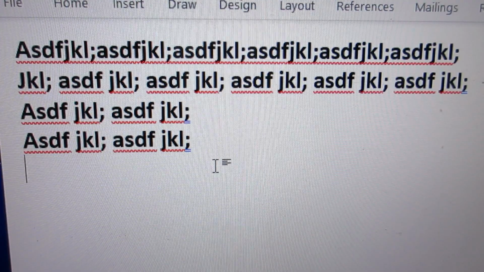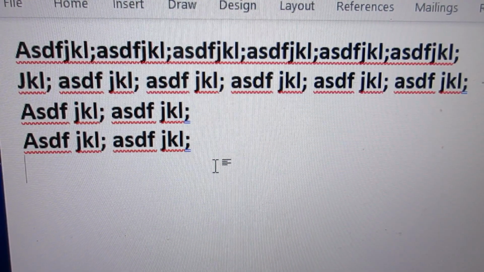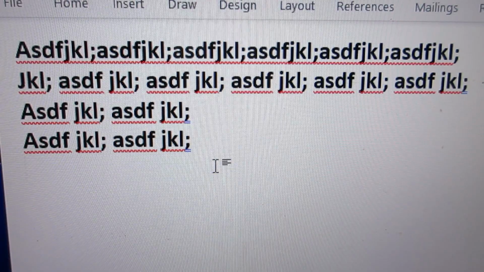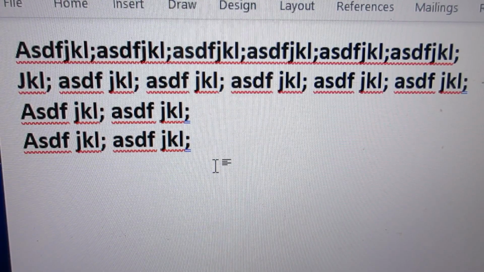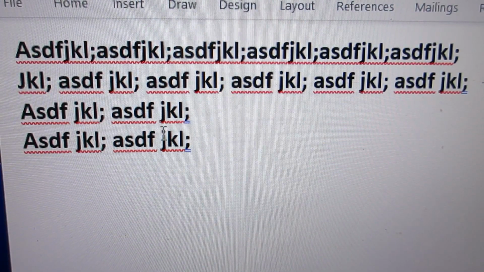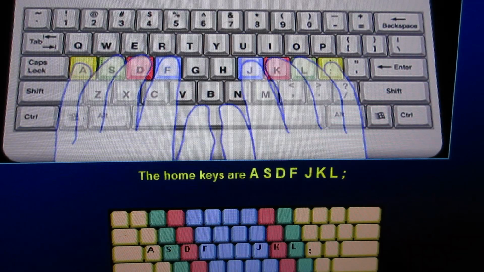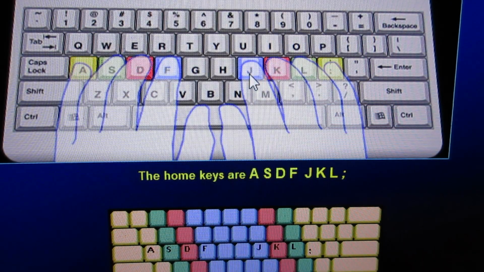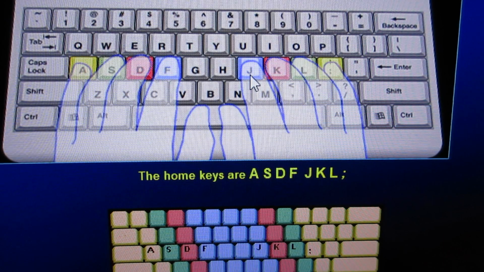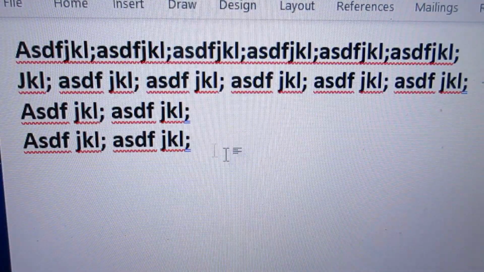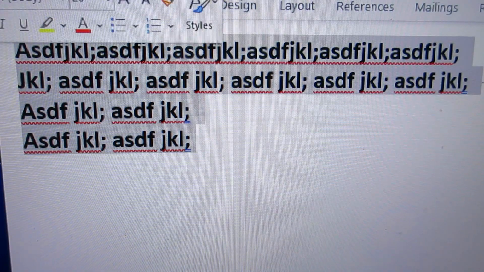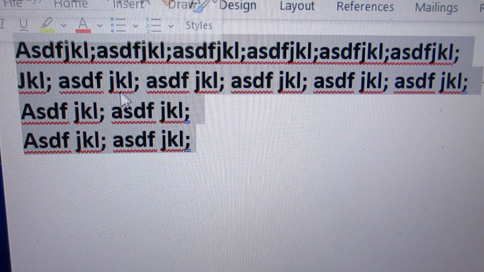Okay, so now let's do the F and J. Let's delete that one.